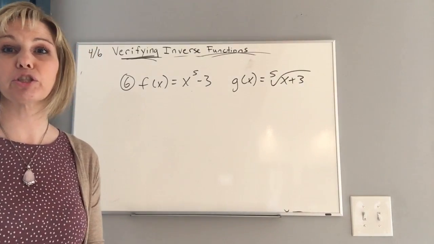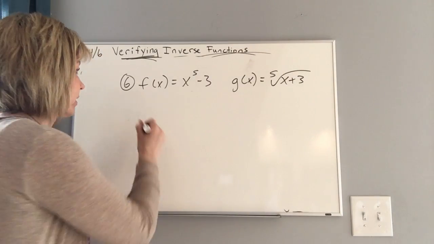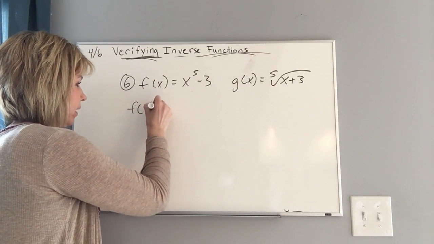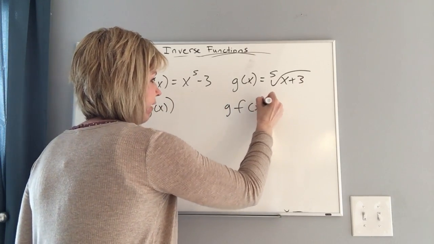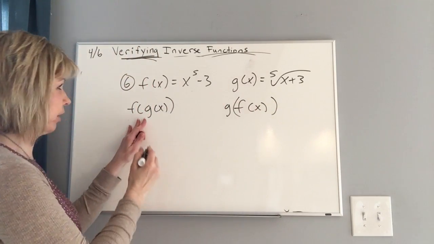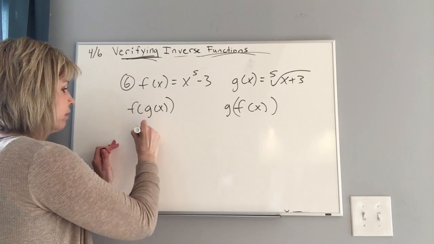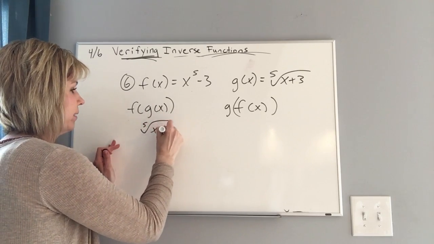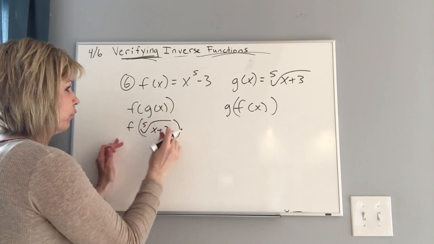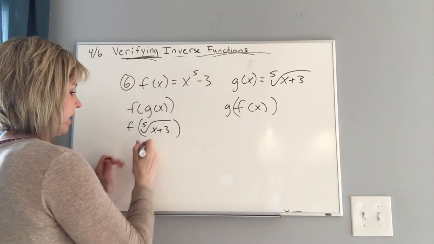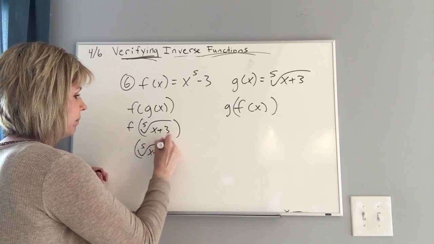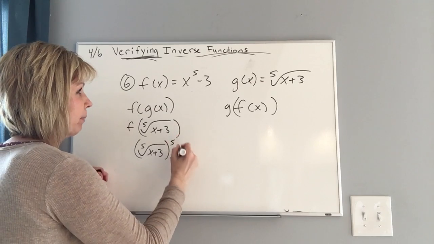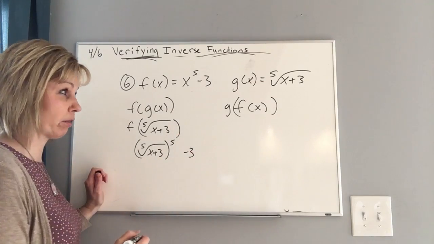So again, it's just showing you how to set up if they're inverses. So let's find f of g of x and g of f of x. Let's start by putting g of x, the 5th root of x plus 3, in for the x. So you're putting this whole function for the x, copying down the 5th root of x plus 3. You're still raising it to the 5th power, and then you're subtracting 3.